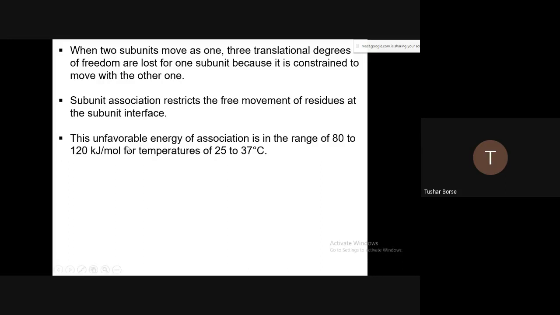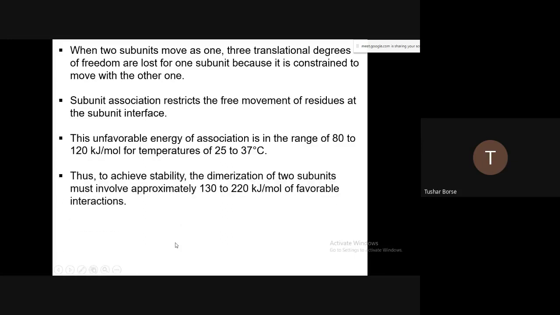Then due to this restriction, that could be an unfavorable type of association, and this unfavorable energy is in the range of 80 to 120 kilojoules per mole, obviously at 25 to 37 degrees Celsius, right? So that is compensated by the favorable energy of association.